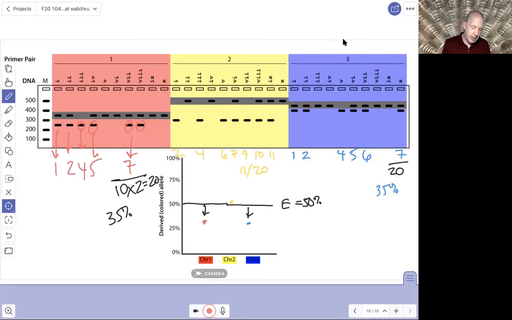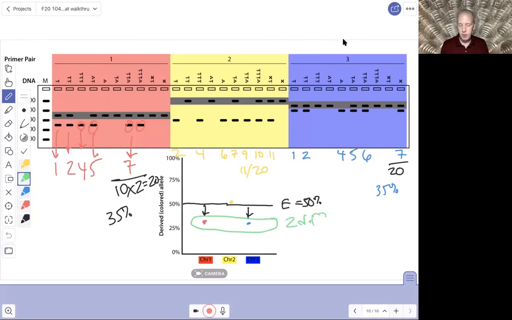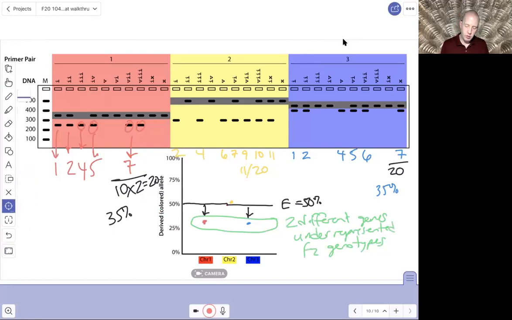So the takeaway here, the punchline, is that when you see 2 different genes or alleles that are underrepresented among genotypes in the F2 generation, that suggests that the combination of those 2 alleles, homozygous red and homozygous blue, is lacking.